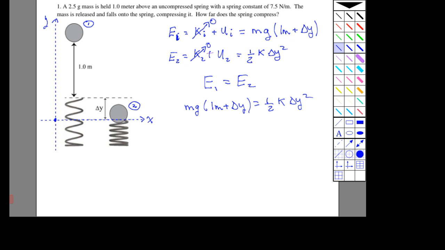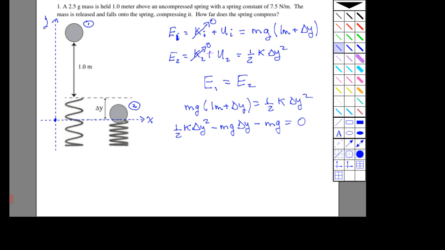Okay, so actually what we have here is a quadratic in terms of delta y. So let's write it out. It's 1/2 k delta y squared minus mg delta y minus mg, and that should equal 0.